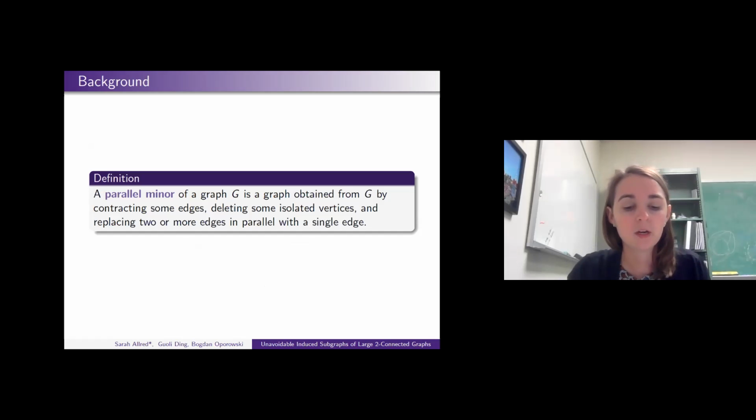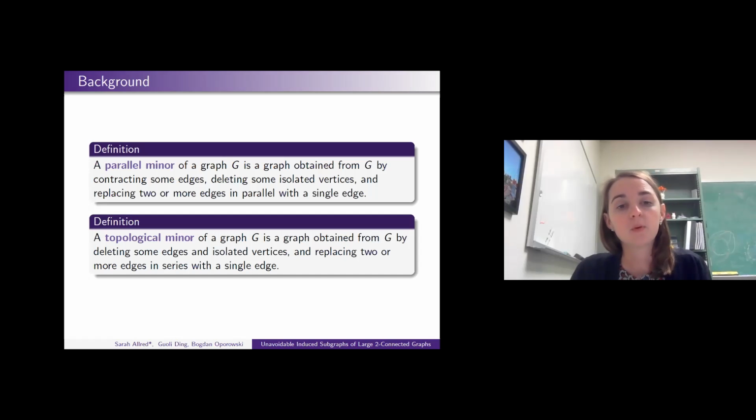So next, we can think about another relationship called parallel minors. A parallel minor of a graph G is obtained by contracting some edges, deleting some isolated vertices, and replacing two or more edges in parallel with a single edge. This operation is a dual notion to topological minors, which is why it's of some importance to these types of results.